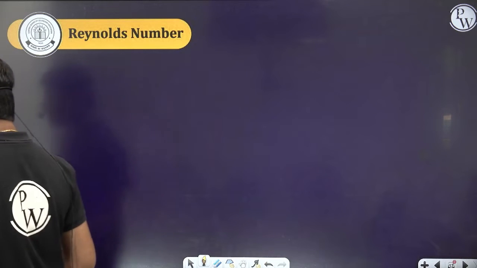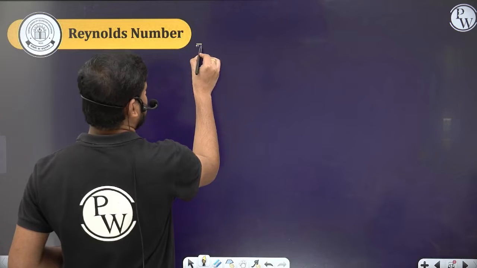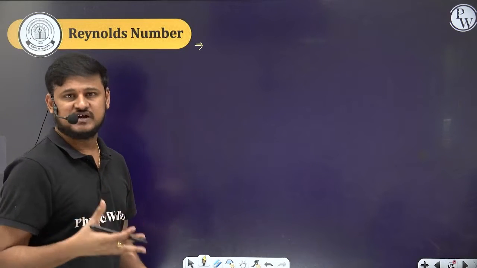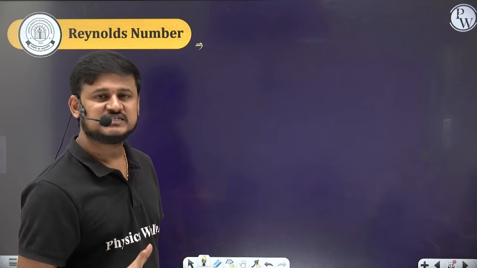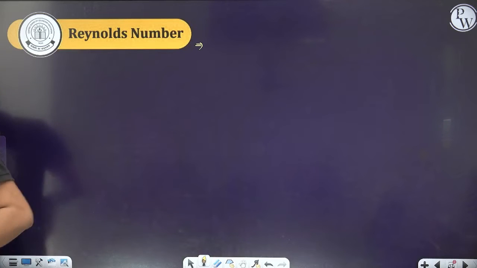So then let's go for the Reynolds number. First, what the Reynolds number indicates. It explains the nature of the liquid, whether it is turbulent or streamline flow.